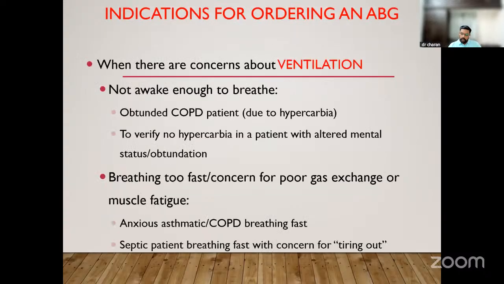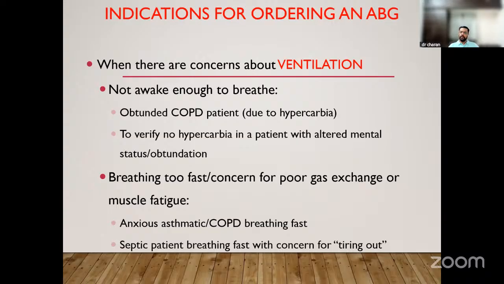So what are the indications? One is when there are concerns about ventilation, whether the patient's ventilation is adequate or not. When you think the patient is not awake enough to breathe, like any patient with COPD, a patient can come drowsy. If you do an ABG and you see CO2 to be high, then you think that COPD is causing the patient to be drowsy, and you do some interventions like putting the patient on NIV.